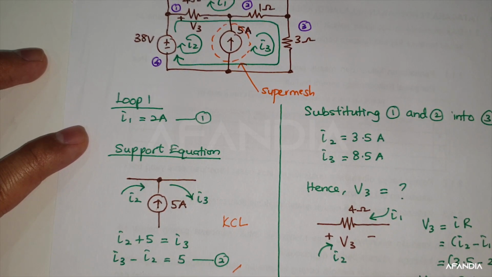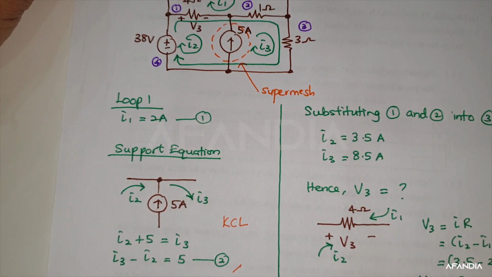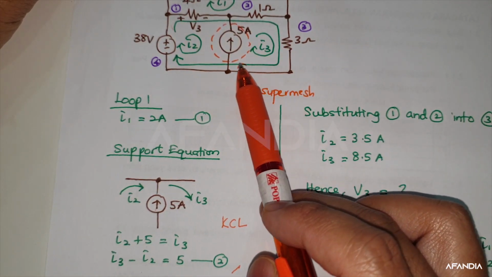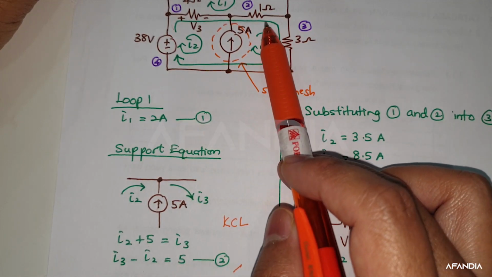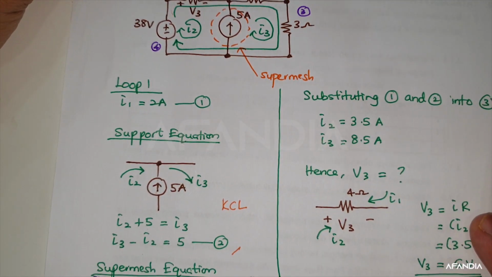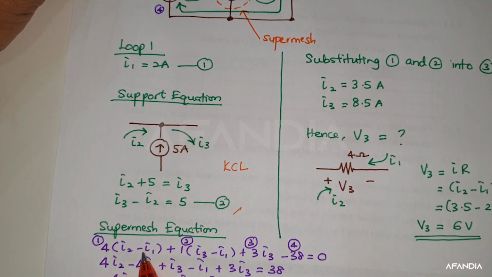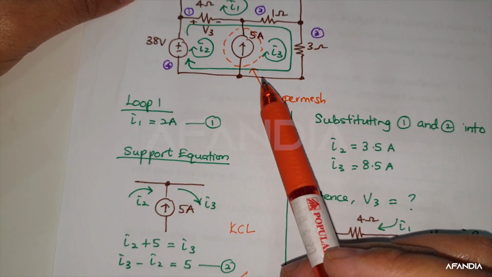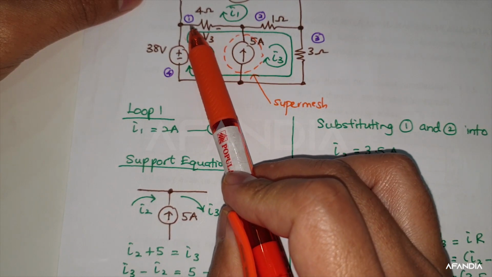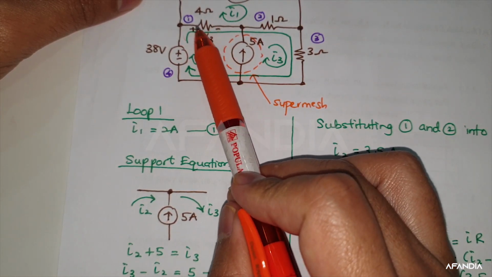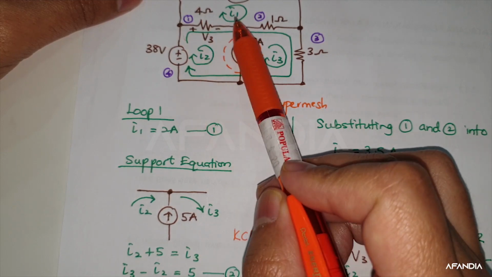But now, what is actually your super mesh equation? You must remember your super mesh must cover the whole mesh. What you can write over here, for this one, number 1, 4 ohm, and your current for your 4 ohm is I2 minus I1.